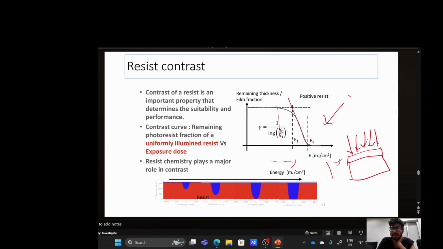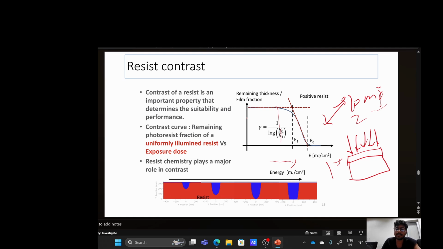You can choose to give 10 millijoule per centimeter square, or 20, 30, 40, 50, 60. You need to feed the dose, and the instrument will automatically stop after 10 millijoule of energy.